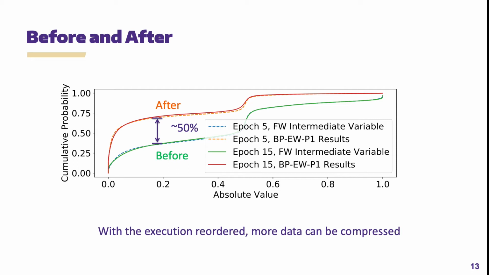As we can see from the figure, when the threshold is small, there is around 50% sparsity difference. So the BP computation actually provides a much better opportunity for us to compress the data movement between the forward computations and backpropagation computations.